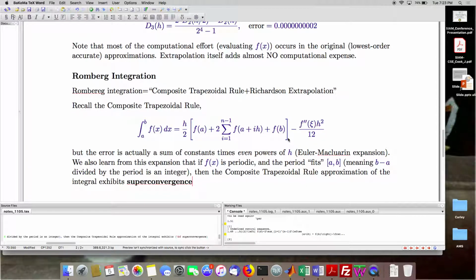And what that means is convergence that is faster than any power of h. Another way of putting it is that convergence is exponentially fast.